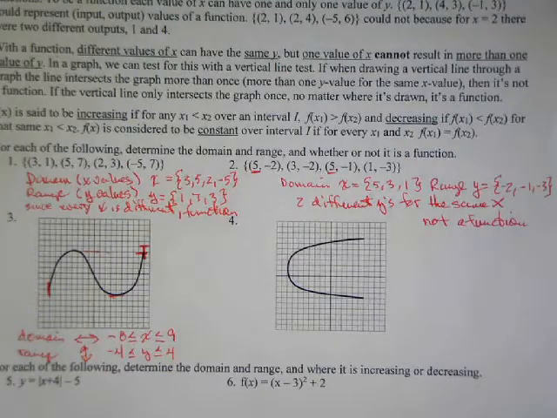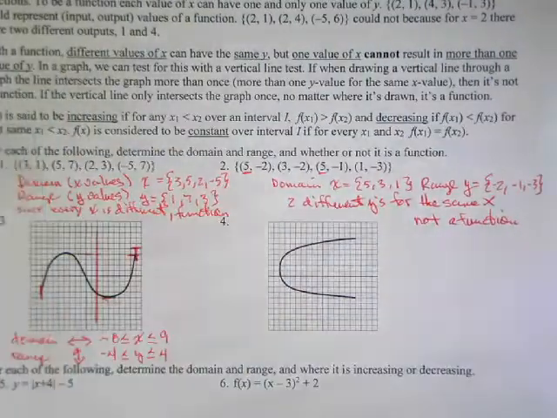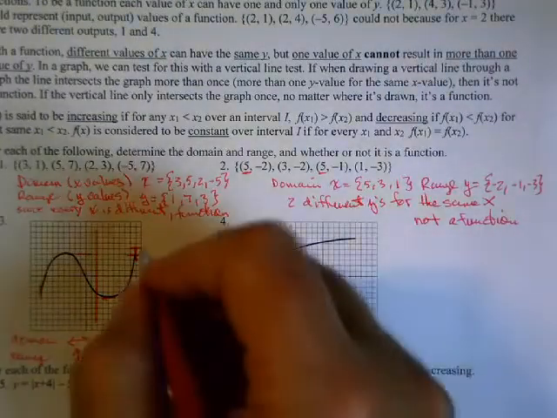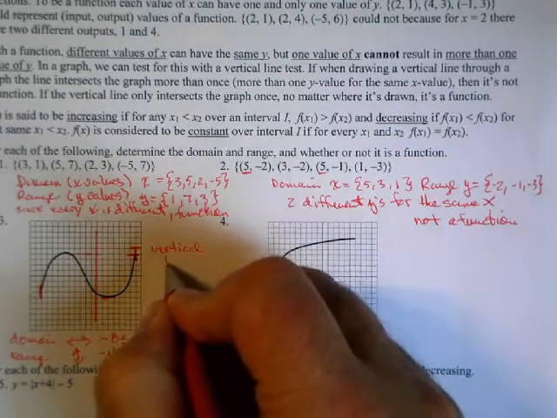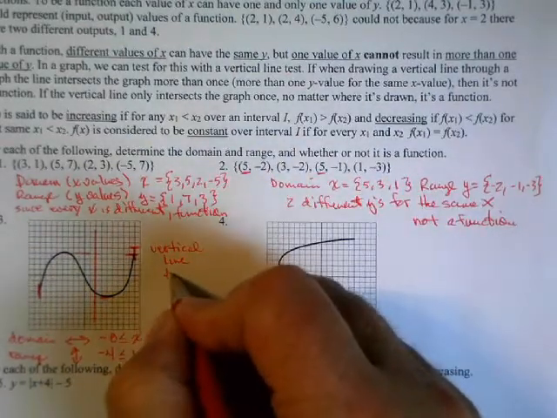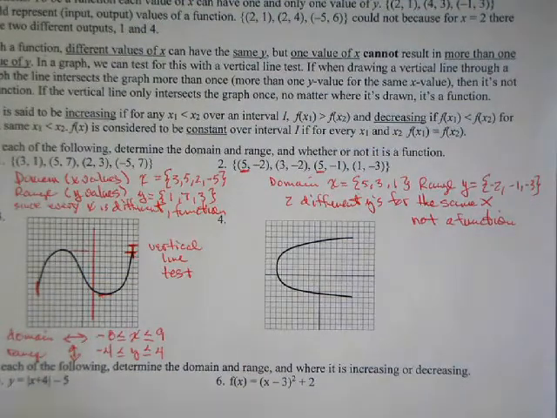Now, when we have a graph, there is a very simple test for determining whether or not it is a function, and it is called a vertical line test. If anywhere you draw a vertical line, it only hits once, then it is a function.